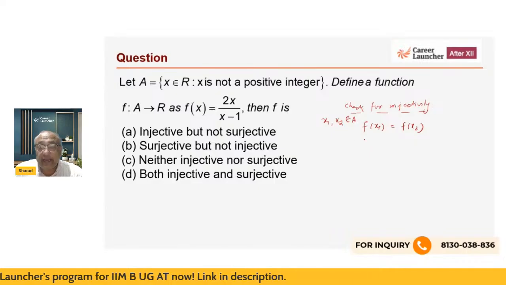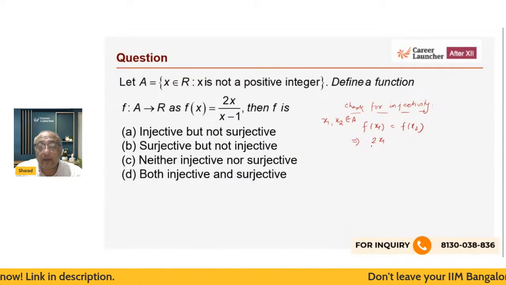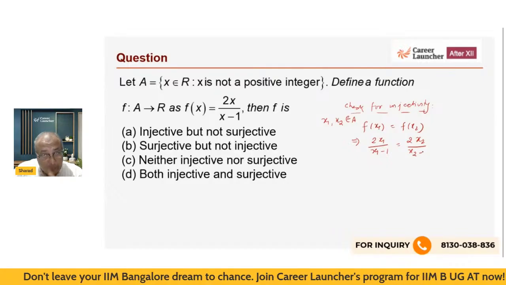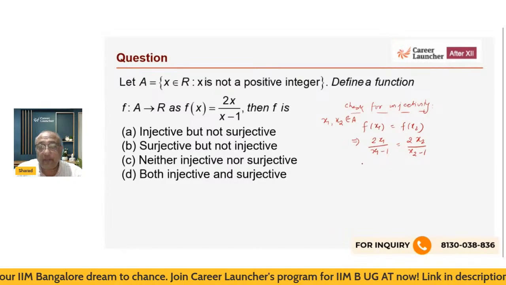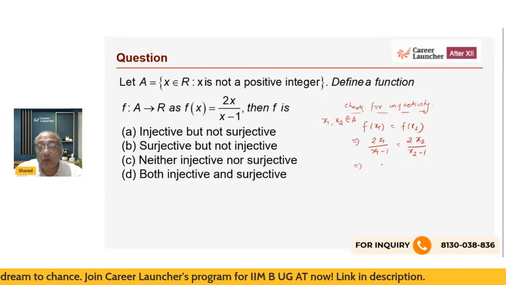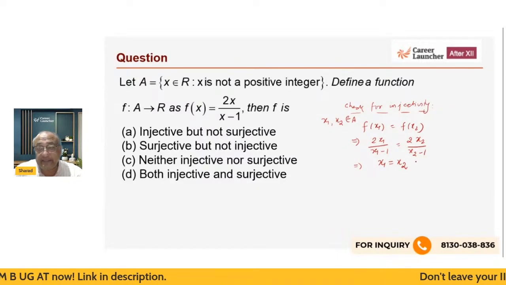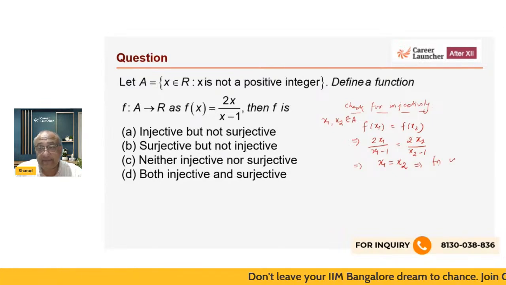If we do that, then we get 2x1 upon x1 minus 1 equal to 2x2 upon x2 minus 1. From here, if we solve, we get x1 equal to x2 as the only solution. Hence, this implies the function is injective.